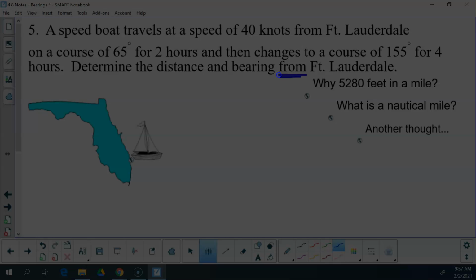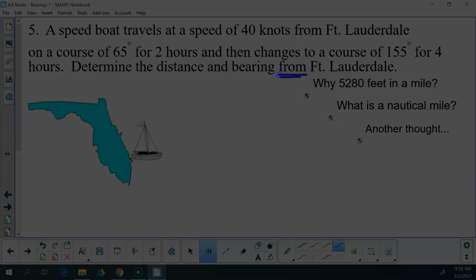Let's say they ran out of gas. Okay? You as the Coast Guard have to go get them. So what I want you to do now is I want you to attempt, and the key word there is attempt, to just draw this picture. Draw this triangle.